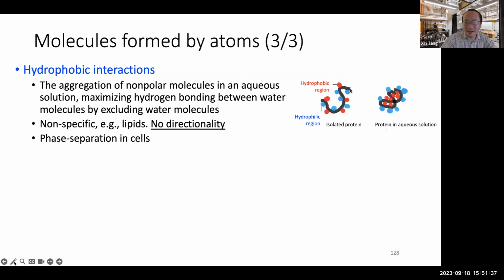Okay, so the very initial form to let life start was actually due to the hydrophobic interactions.